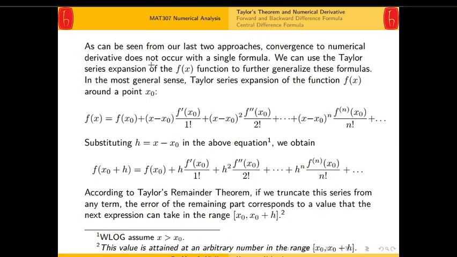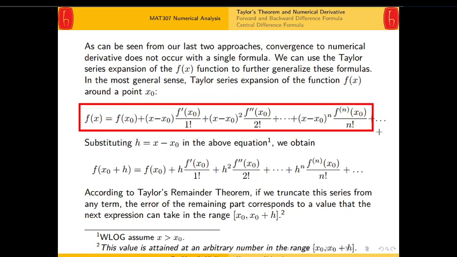We can use the Taylor series expansion of the function f(x) to further generalize these formulas. In the most general sense, if we recall our knowledge of the Taylor series expansion, the function f(x) can be expanded around the point x naught as in this formulation.